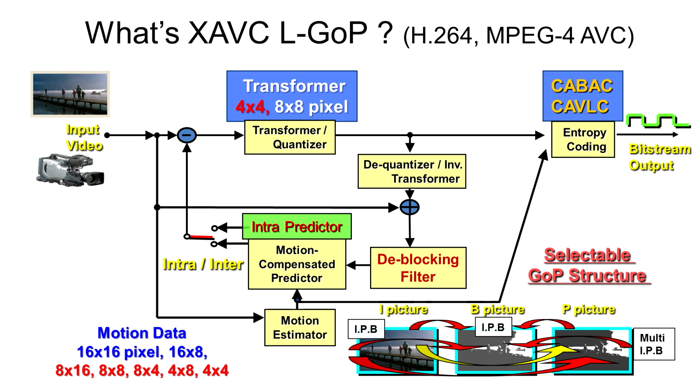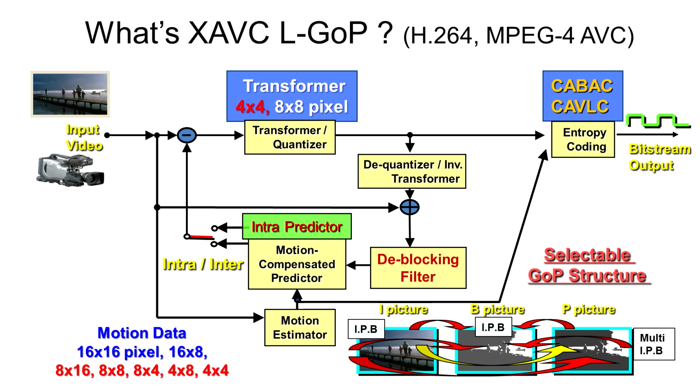Also, how fast you can run and how large the images are, the parameters of the images, will define a level of implementation. Therefore, we have the traditional profile and level combination that describes MPEG algorithms. XAVC is implemented at level 5.2, which is the highest permitted by the algorithm.